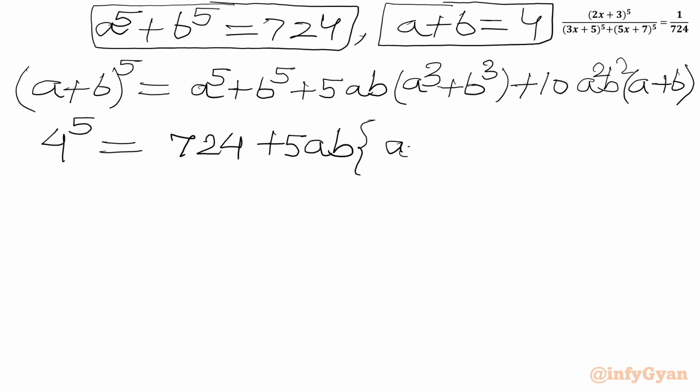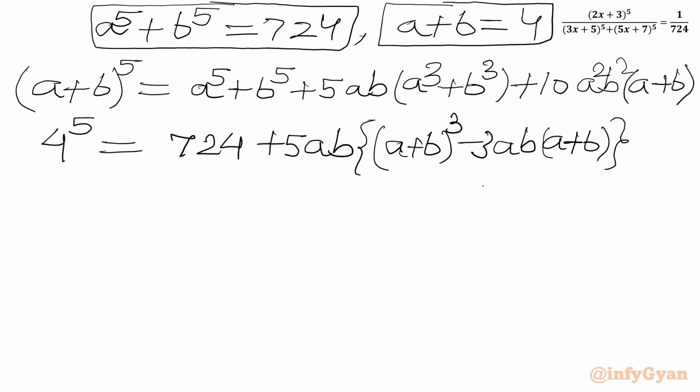I will write A plus B whole cube minus 3AB times A plus B, plus last term 10A square B square times A plus B, which is 4. Now we can put A plus B equal to 4 in the curly bracket also.